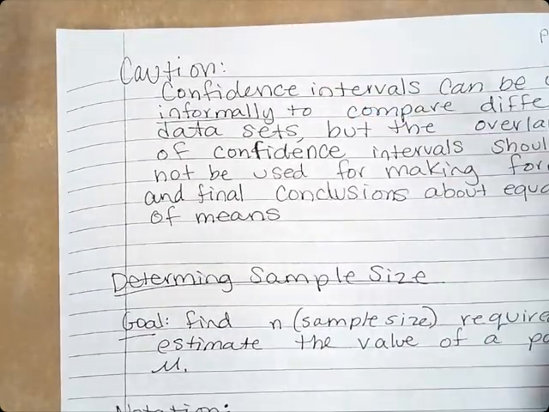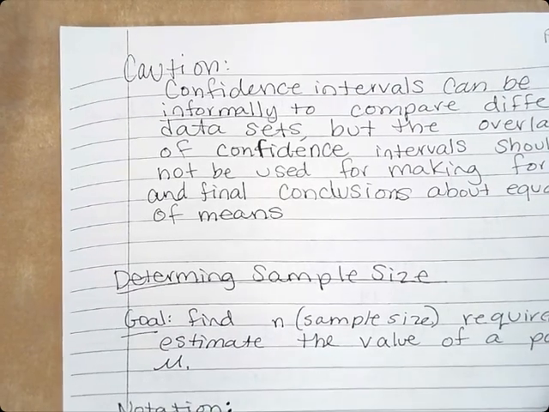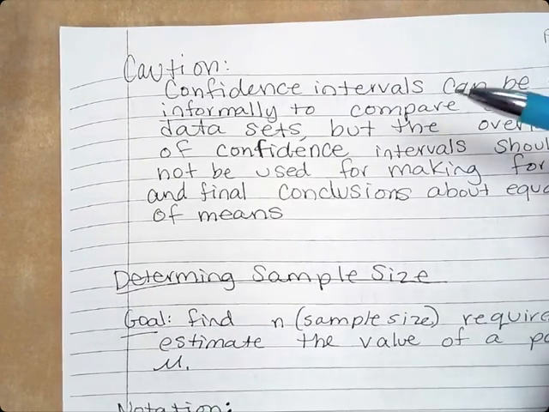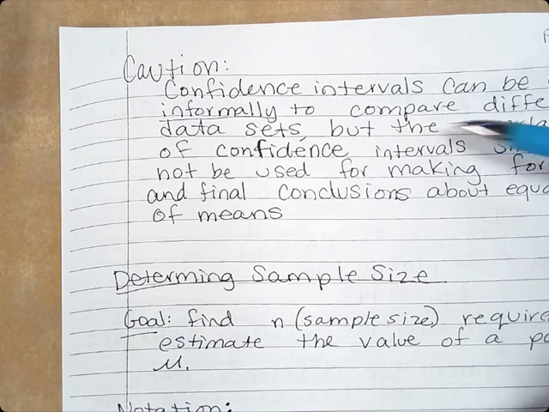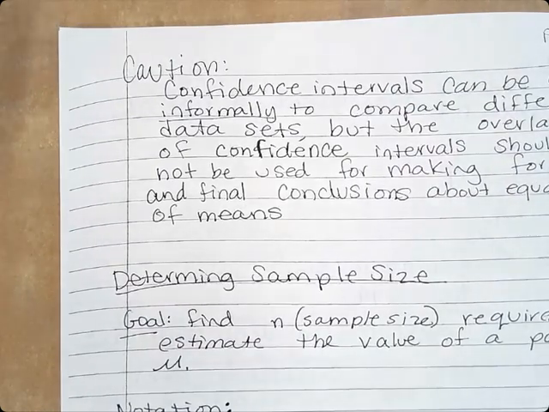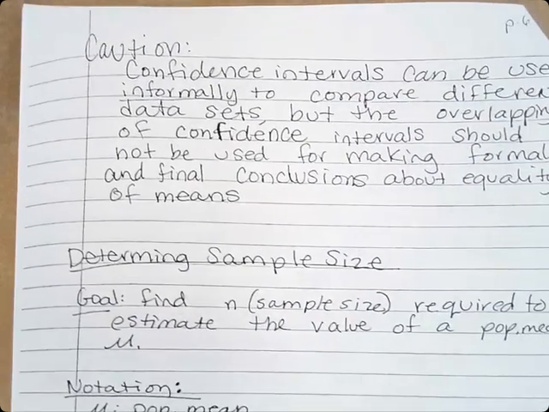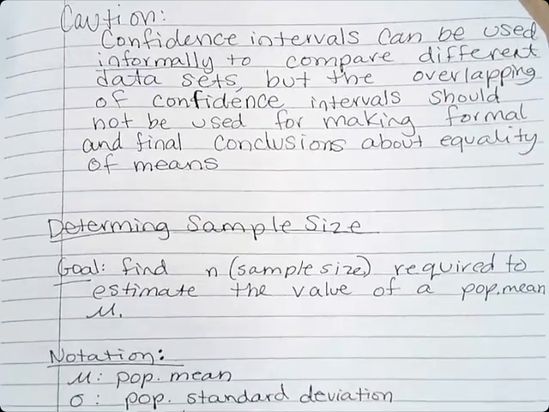This is a little caution. Confidence intervals can be used informally to compare different data sets, but the overlapping of confidence intervals should not be used for making any formal or final conclusions about the equality of the means.